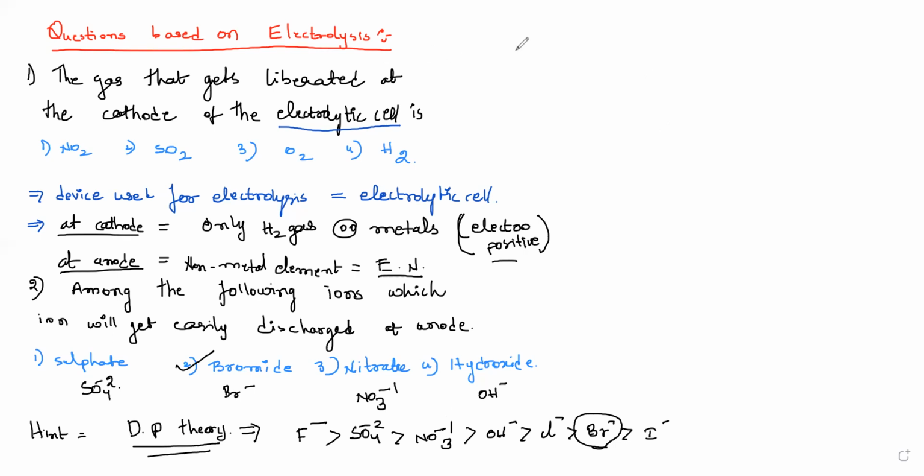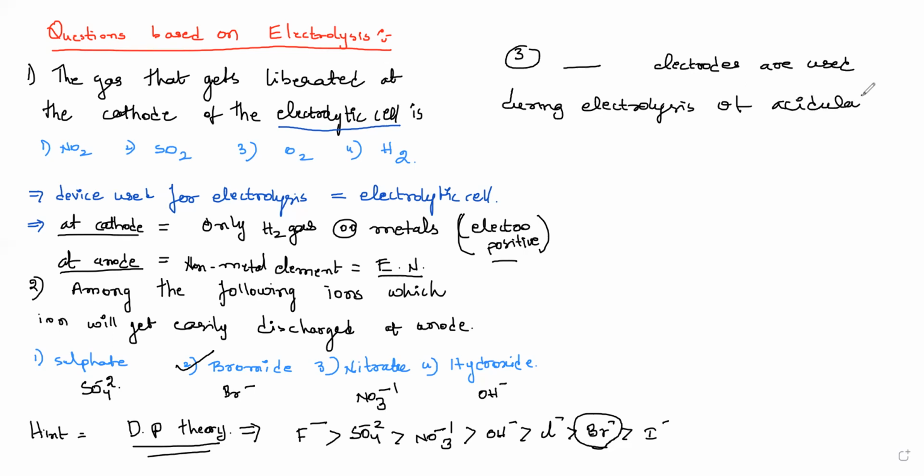The next one is the third question. Dash electrodes are used during the electrolysis of acidulated water. So for acidulated water, which are the electrodes?